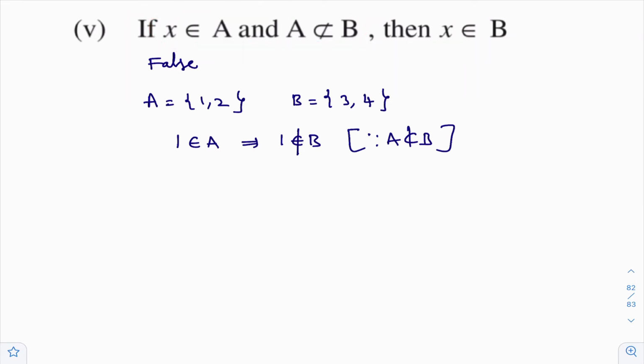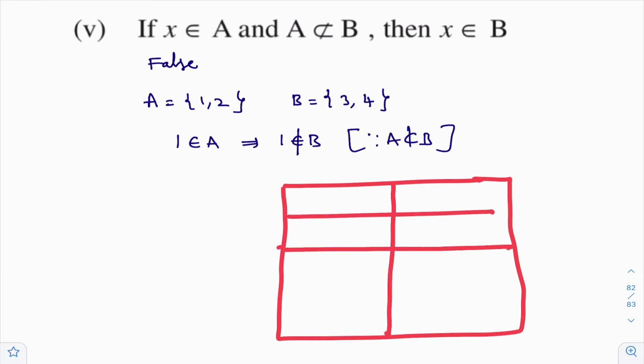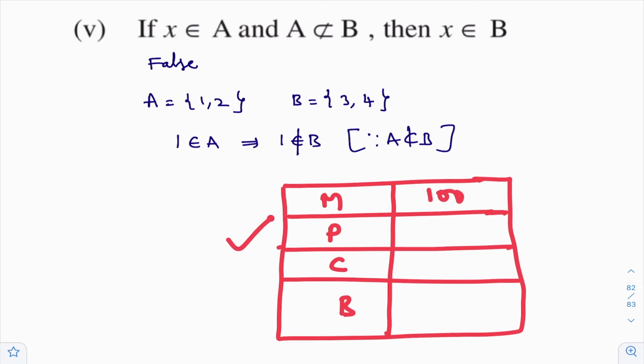See, very simple thing. Here I'll tell you one example, please have patience and try to understand. For a student, there are 4 subjects: Maths, Physics, Chemistry, Biology. If a student got 100 marks in Maths, can you decide that he passed all other exams?